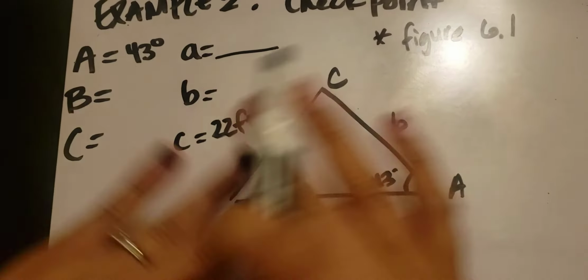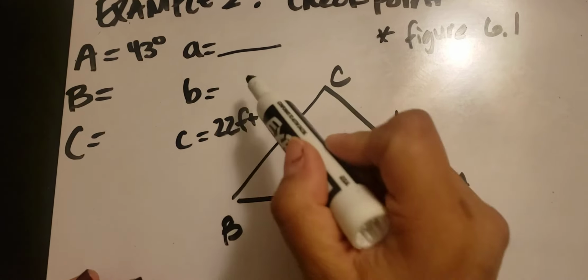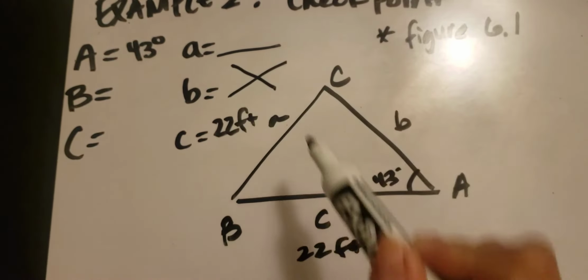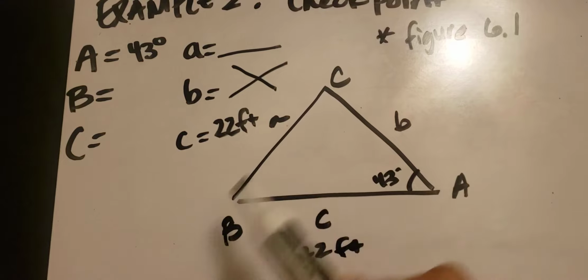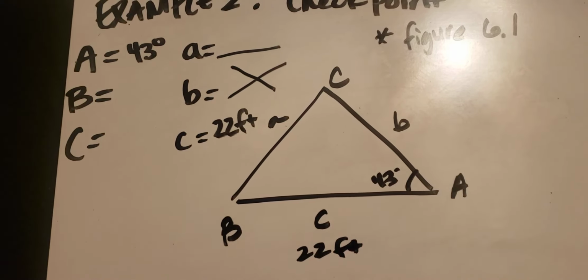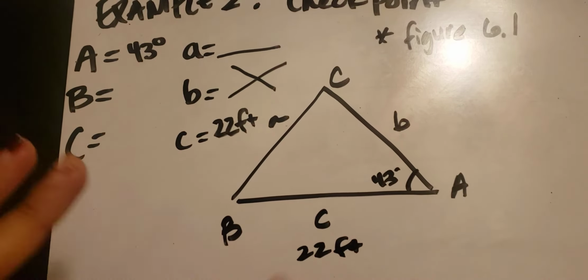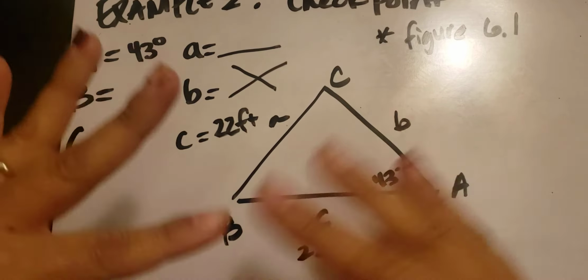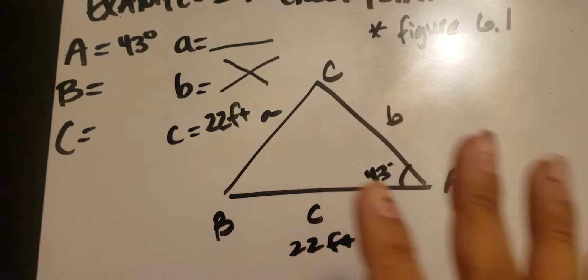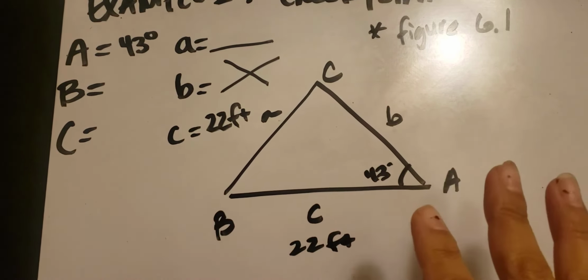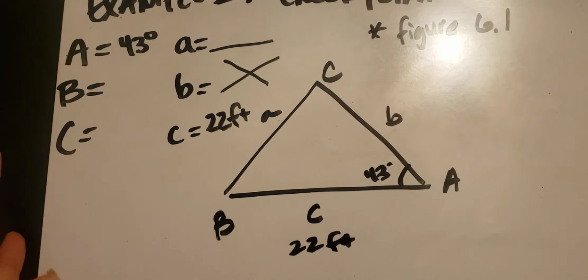Since they're not asking us to find all the angles and all the sides, we don't really care about B. But A represents the height of the pole. Again, you can look at section 6.1, the example right above, for figure 6.1 for the drawing, and make sure you look at example 2 for that particular problem, okay?